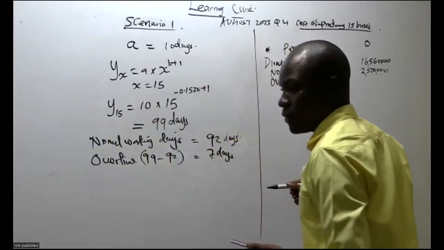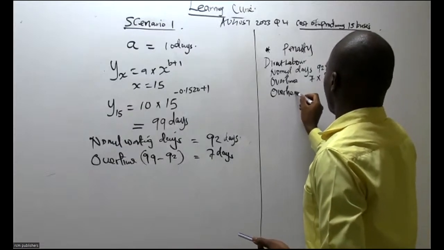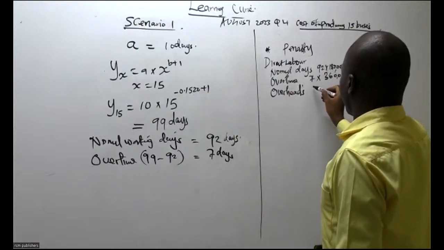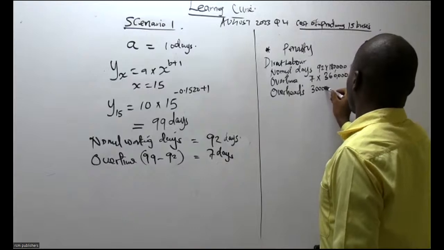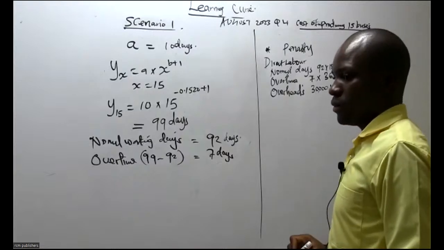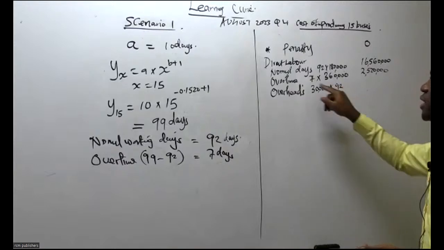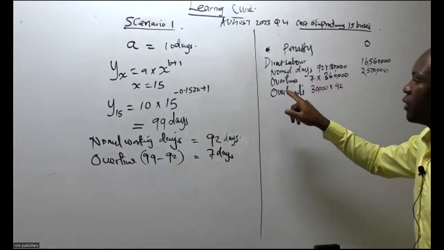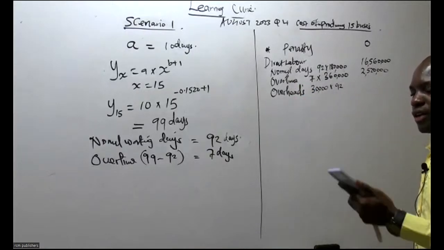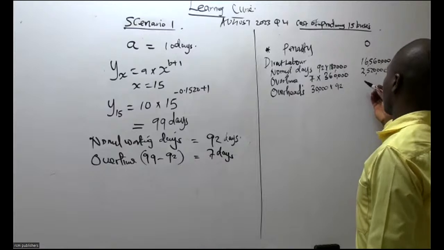So overheads will be allocated at 30,000 per day of the normal working days. The overtime will not be used to allocate or apportion the overheads. So how much is the overheads? 30,000 by 92. 2,760,000.